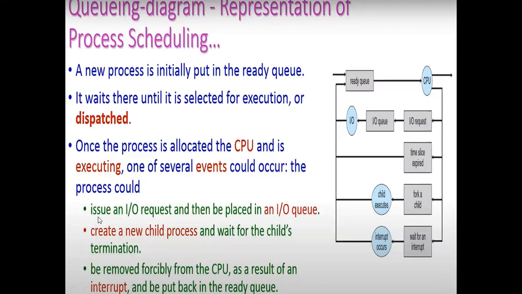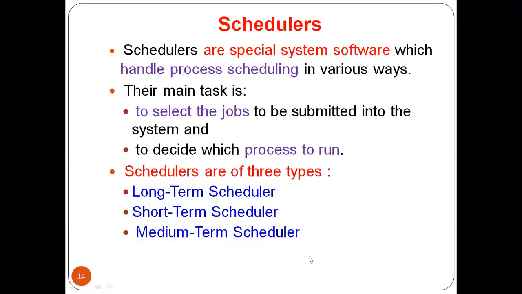So as we have seen, issuing an IO request, it will be placed in the IO queue, and creating the child process, and the parent process will be waiting until the child completes its execution. Or in other words, wait until the child termination. And the process will be removed from the CPU as a result of the interrupt. So the three cases can occur.